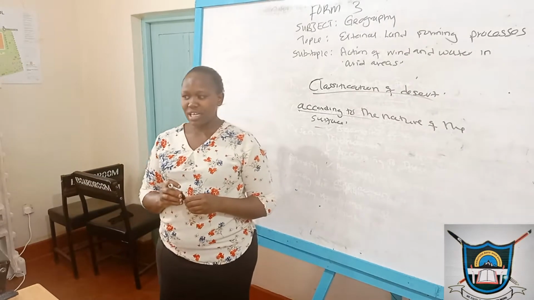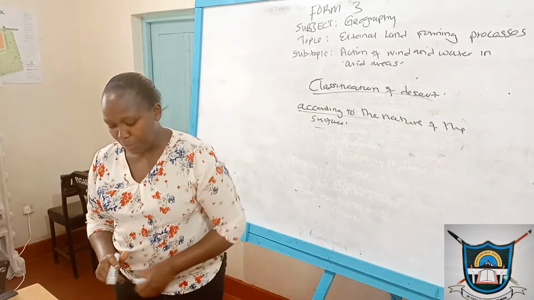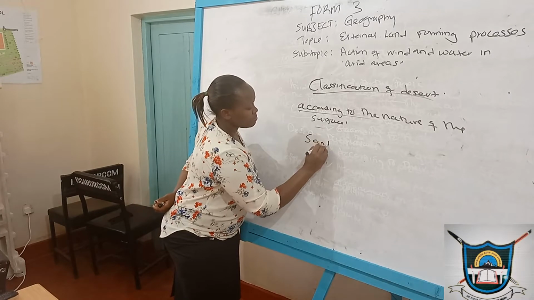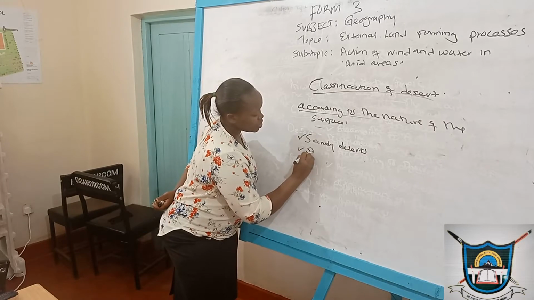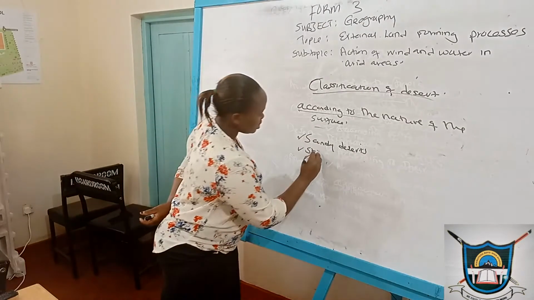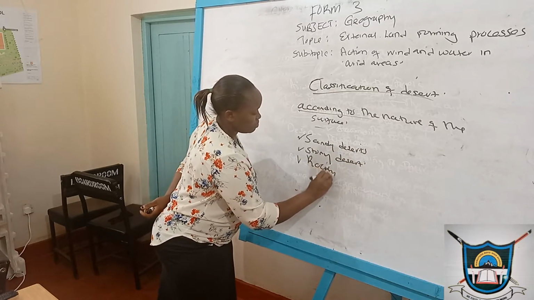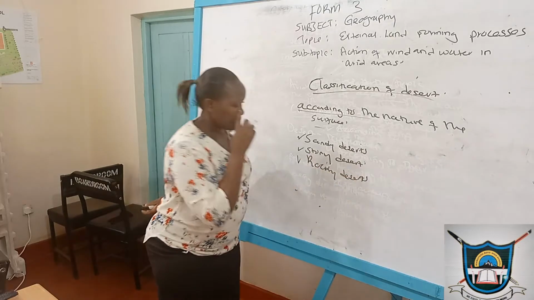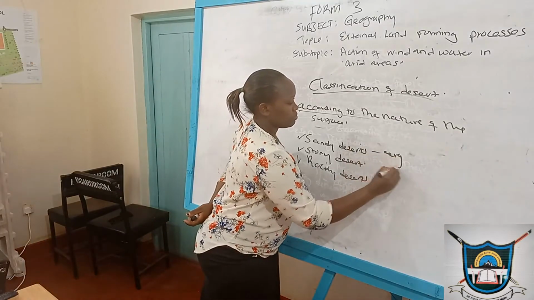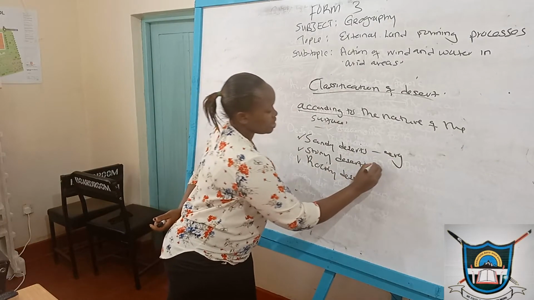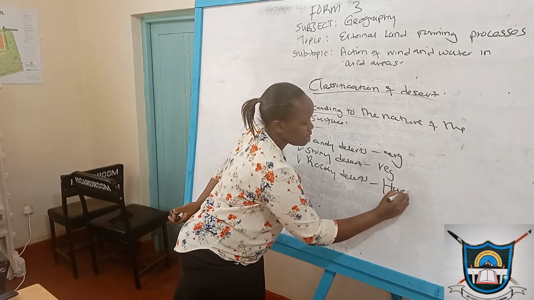Now, under nature of the surface, we have three types of deserts. One, we have sandy deserts, which is also known as erg. We also have the stony desert, which is known as reg, and we have the rocky desert, which is known as hamada.